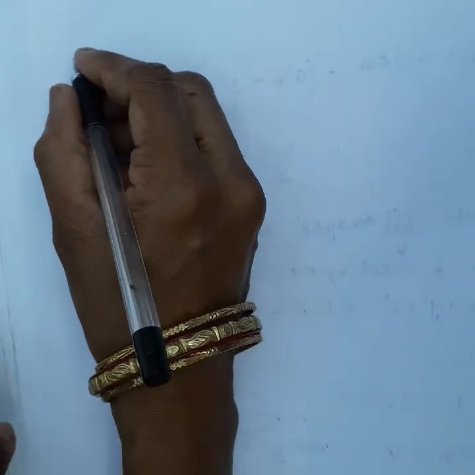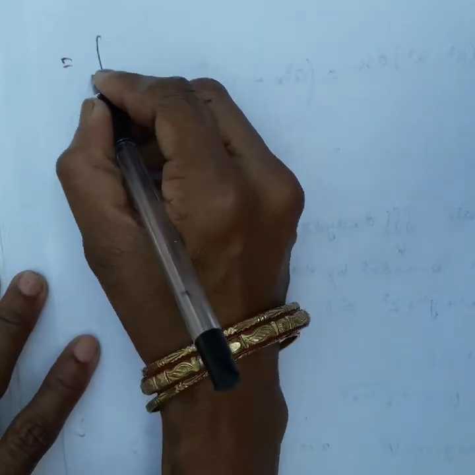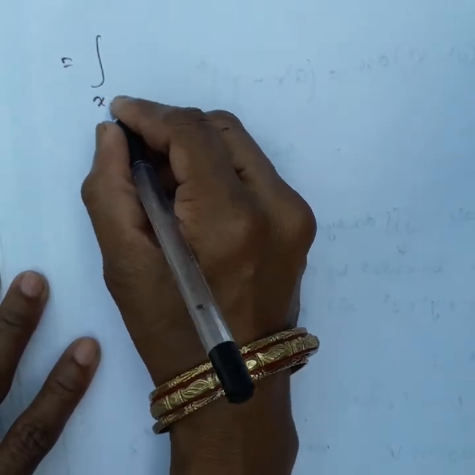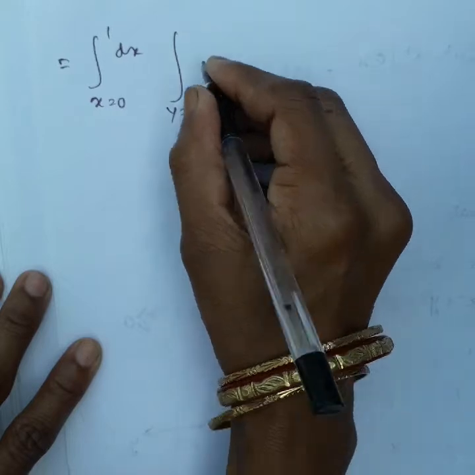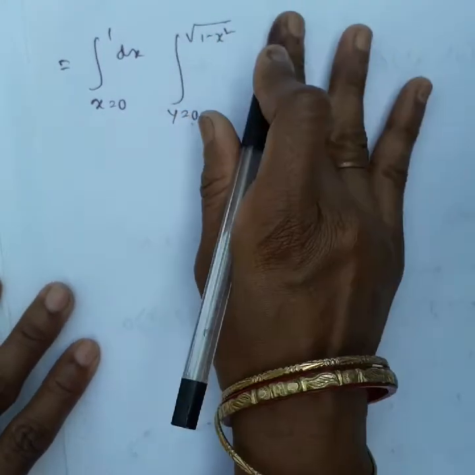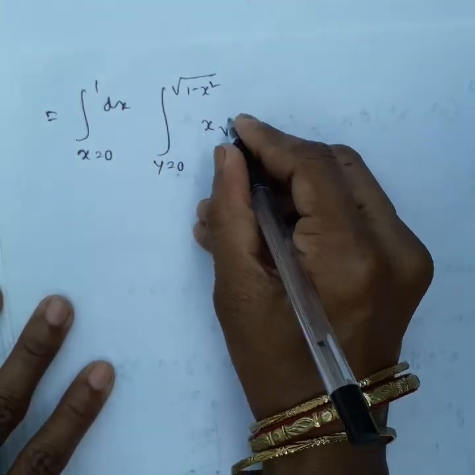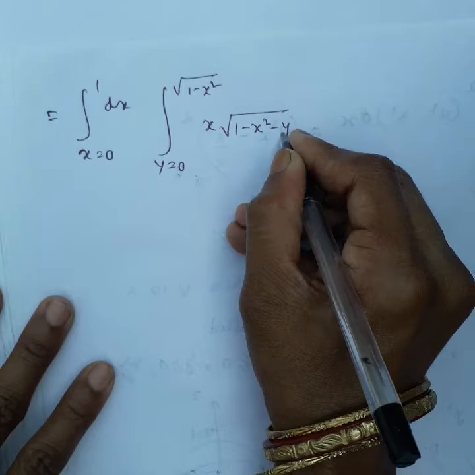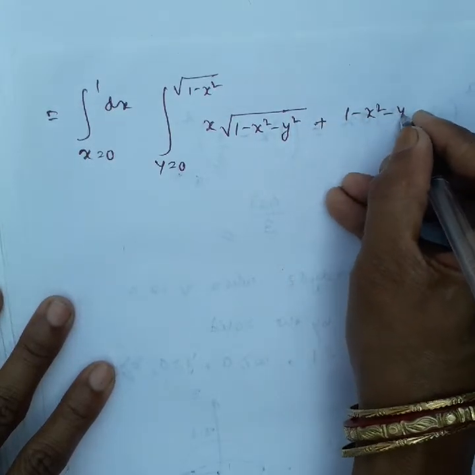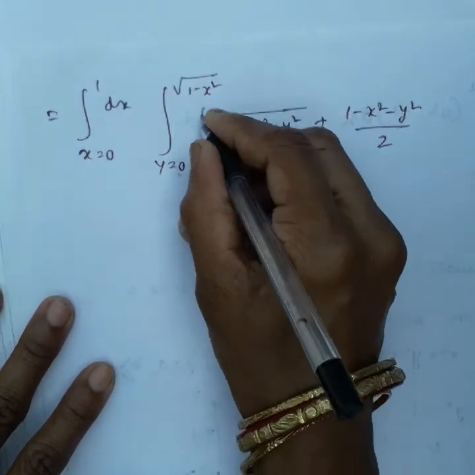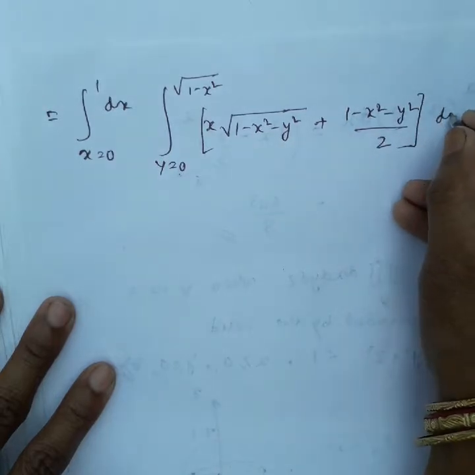Okay, so by putting the value, we get x into root over of 1 minus x square minus y square plus 1 minus x square minus y square by 2, this dy.